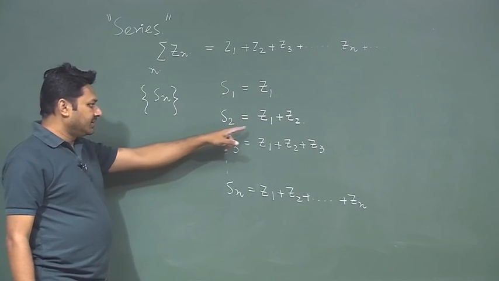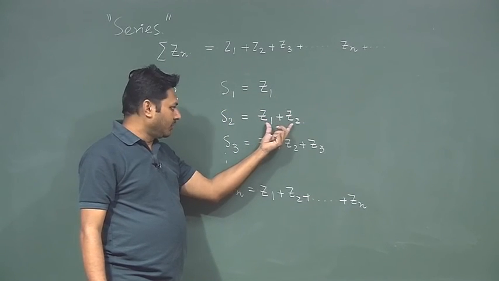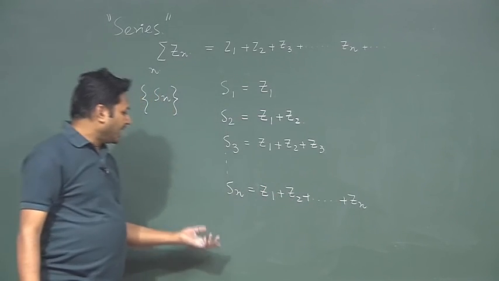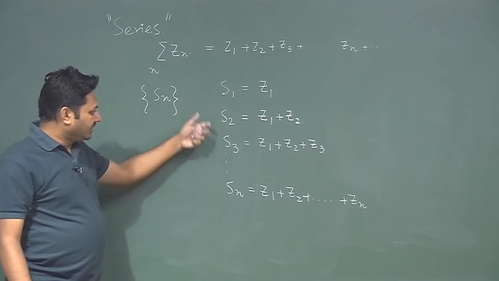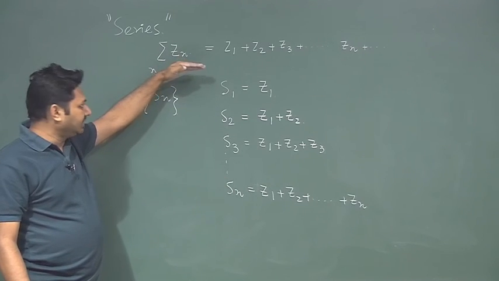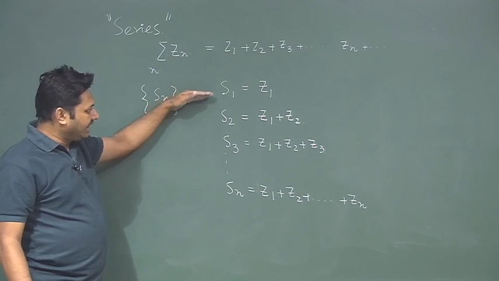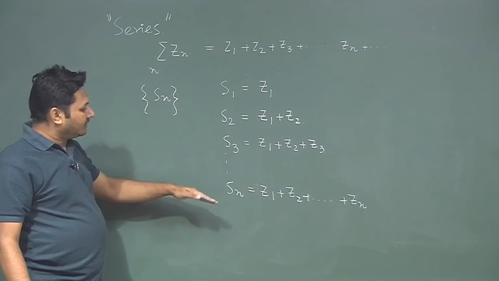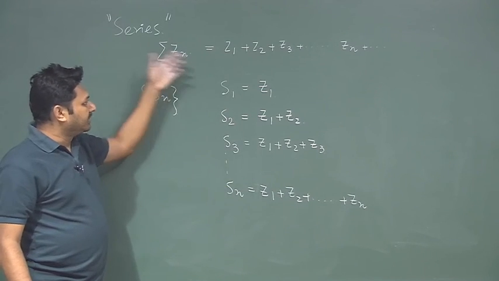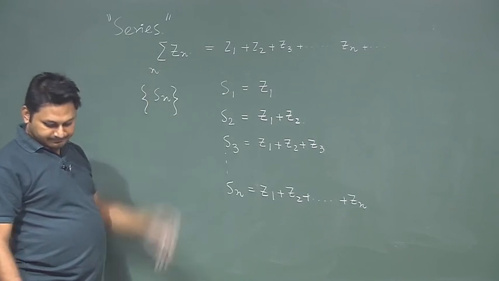It is called the partial sum because I have one quantity, then two quantities summed, then three, then n quantities, and all these I define as S1, S2, S3, Sn. This is some sort of sequence. Every time I am adding, I am getting new terms, so when I put the nth term Sn, it gives me the series of all quantities.